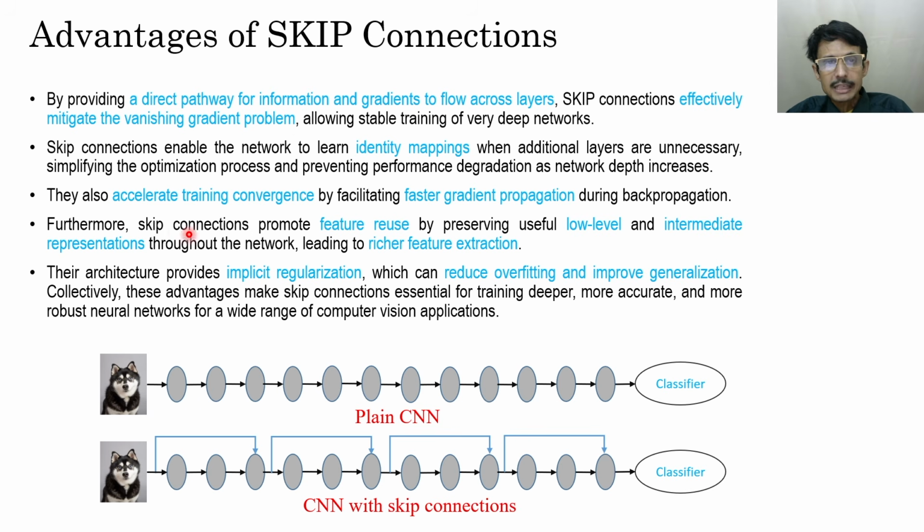Furthermore, skip connections promote feature reuse. That is also a very important aspect. Now you see what is happening. It is a feature extraction through this layer. This kind of feature extraction gives you a different level of abstraction.